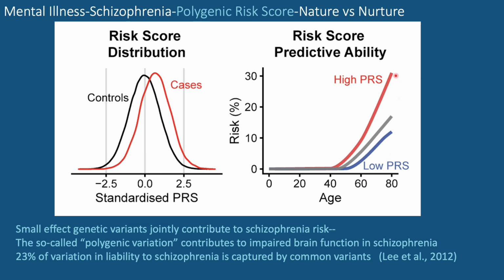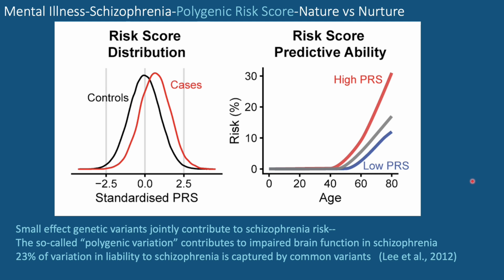The high PRS, represented in the right part of the cartoon, shows that when the polygenic risk score is high, its predictive ability increases with age. This should be clear if we think about, for example, coronary artery disease.